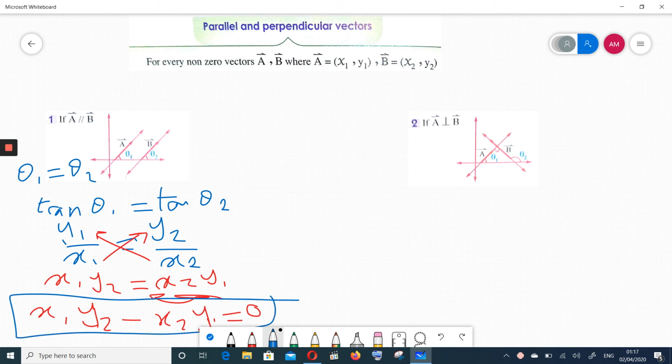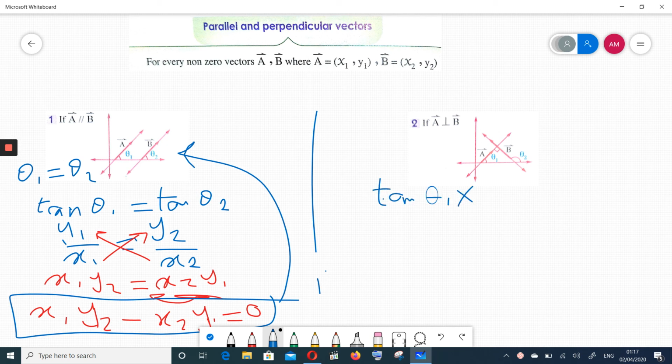That means if we have this rule, the two vectors are going to be parallel. What about if the two vectors are perpendicular? Tan theta 1 times tan theta 2 is going to be negative 1, from the relation between two straight lines as we studied in third prep.